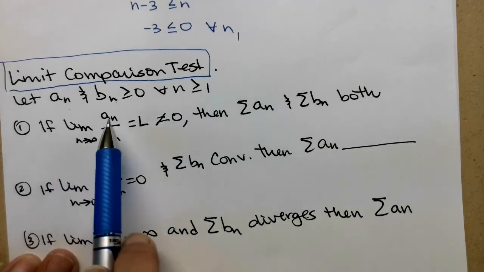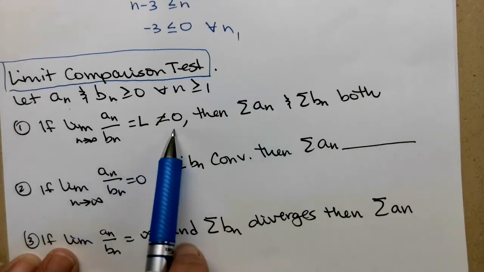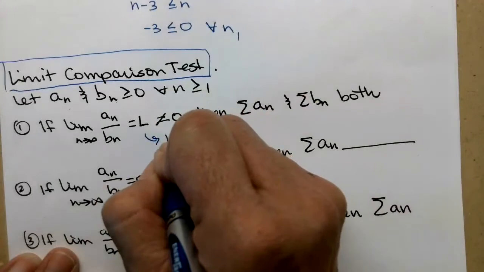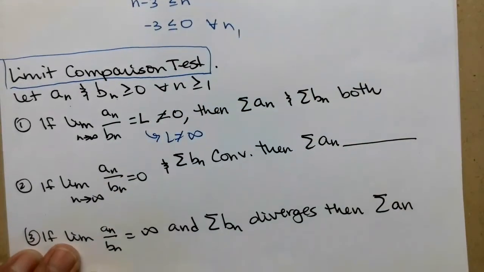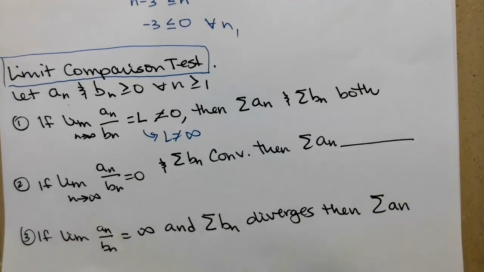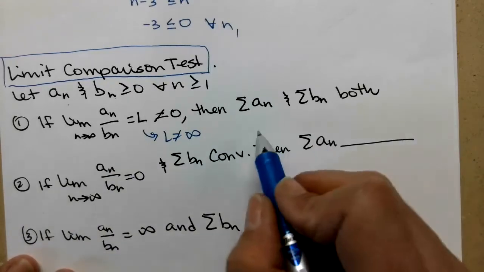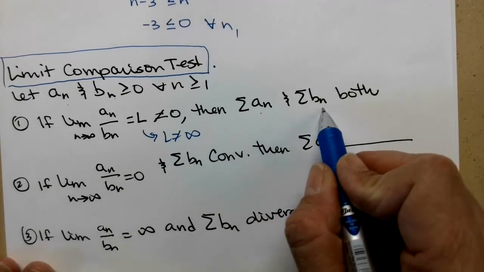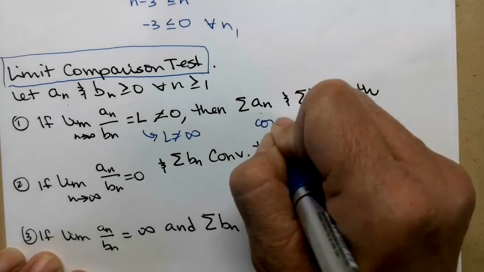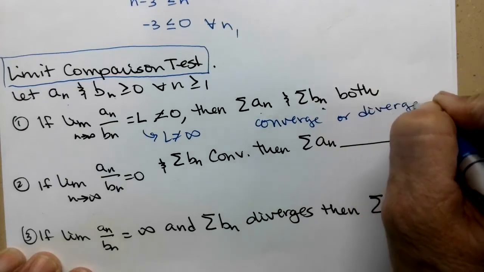If the limit of the ratio of a sub n over b sub n equals L, and L is not 0 and L is not infinity, so you compare two series, you take the limit as n gets big. If that limit goes to just a finite number, then the series of a sub n and the series of b sub n both converge or both diverge. That means they do the same thing.